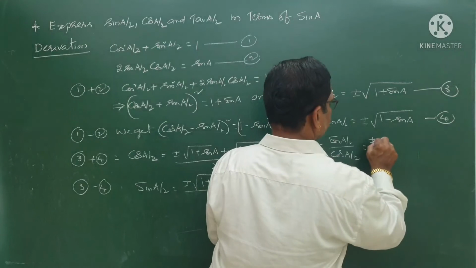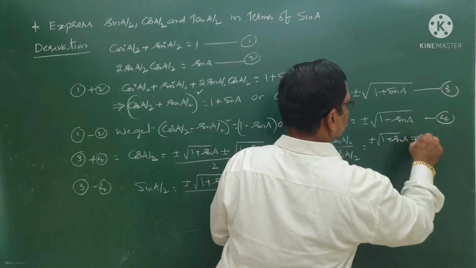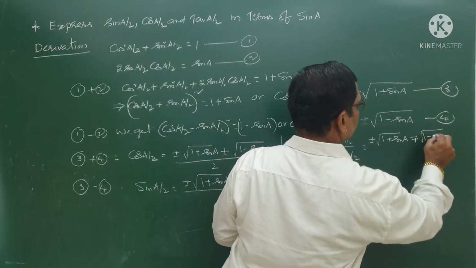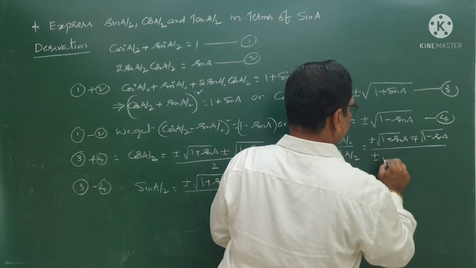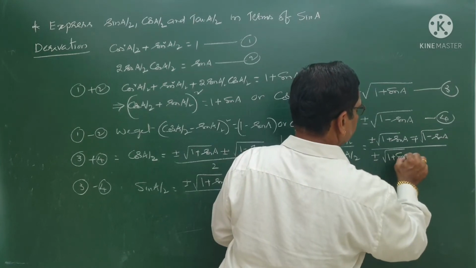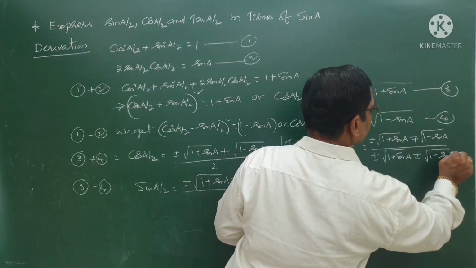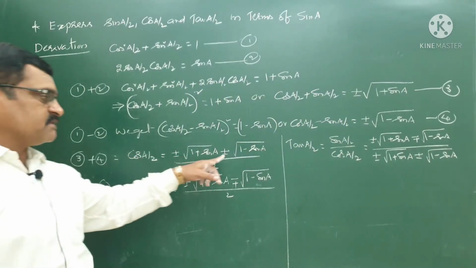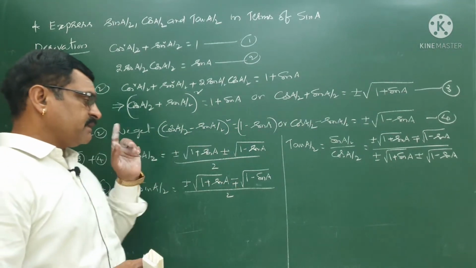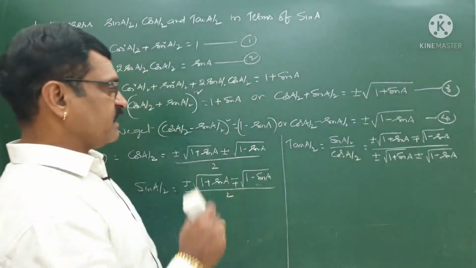Plus or minus under root of 1 plus sin A minus or plus under root of 1 minus sin A by plus or minus under root of 1 plus sin A plus or minus under root of 1 minus sin A. So I could express cos A by 2, sin A by 2, and tan A by 2 in terms of sin A. Please take it.